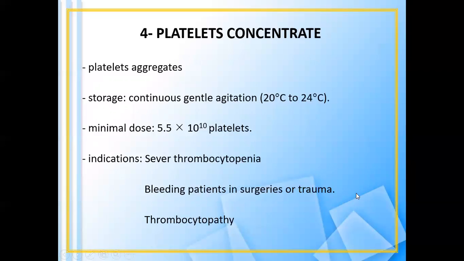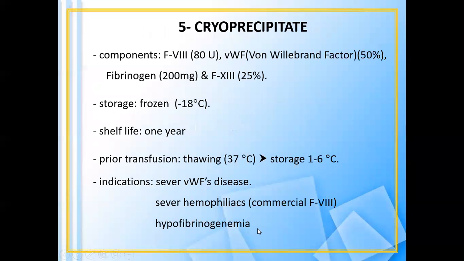It is also used for a bleeding patient in surgeries or traumas, where some kind of bleeding may happen and they need a concentrate of platelets. We have another condition called thrombocytopathy, which can be resolved by giving the patient a platelet concentrate.